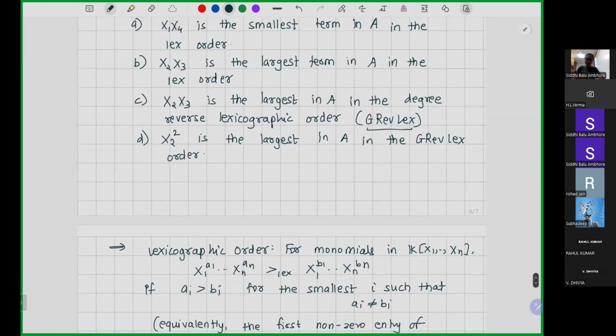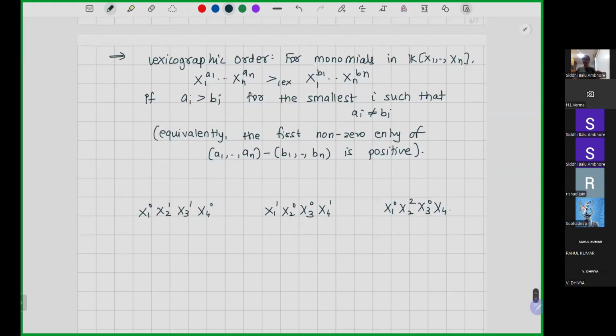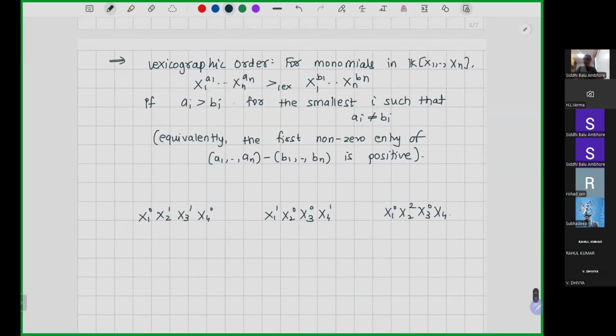The second term is x1x4: x1 power 1, x2 power 0, x3 power 0, x4 power 1. And the last term is x2 squared: x1 power 0, x2 power 2, x3 power 0, x4 power 0. So we have to compare how ai is greater than bi whenever it is not equal. Any guesses here?